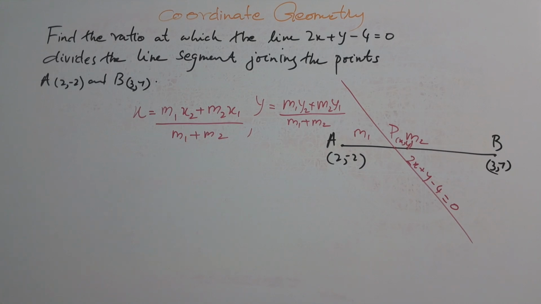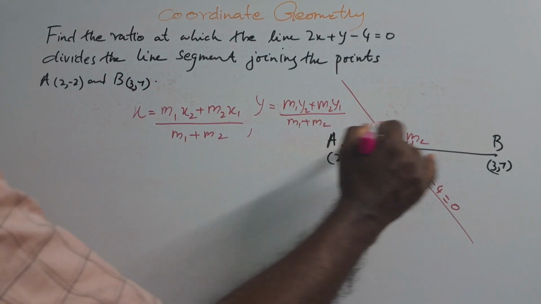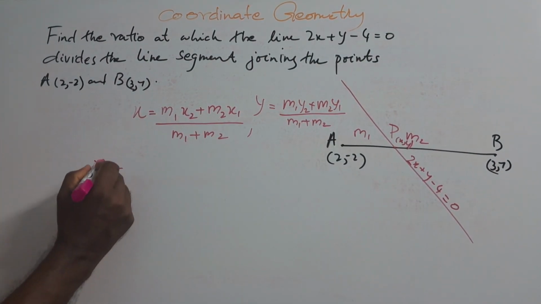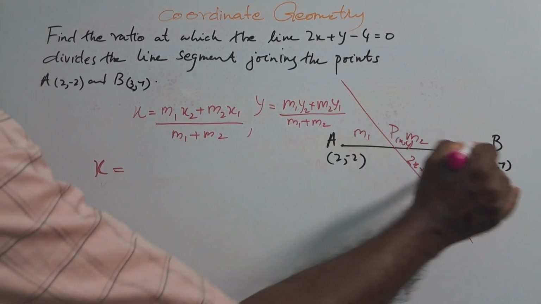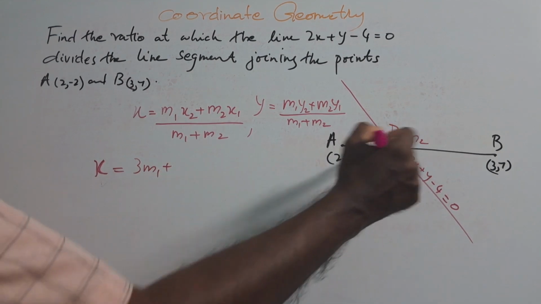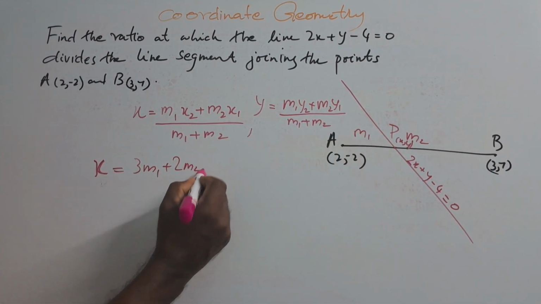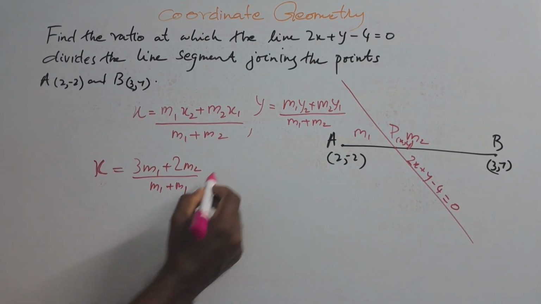Here the ratio is not given, therefore let's take the ratio m1 and m2. x is equal to m1 into 3, 3m1, plus m2 into 2, 2m2, by m1 plus m2.